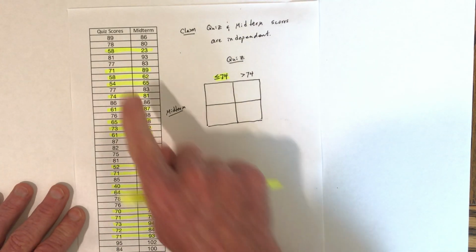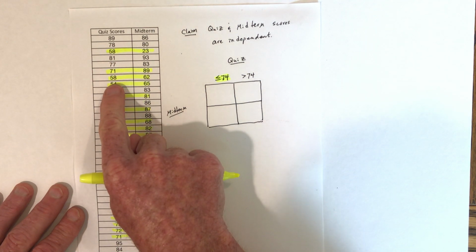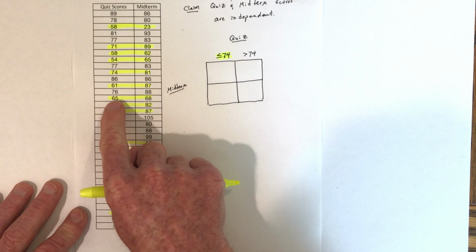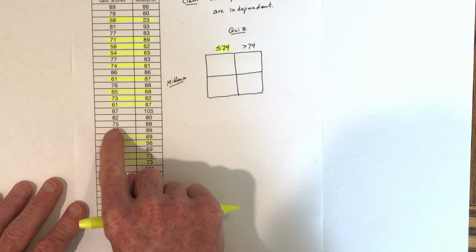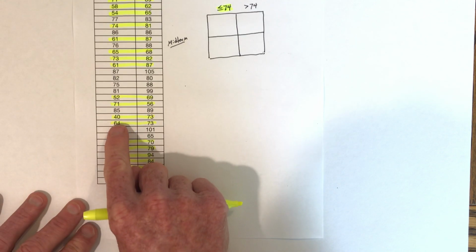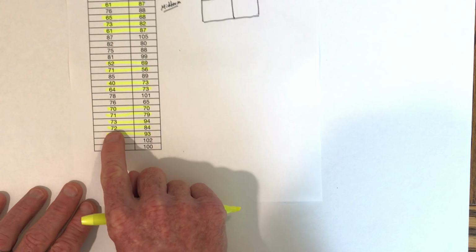All right, now I just want to double check. Less than or equal to 74, yes. Yes, yes, yes, because less than or equal. Yes, doing it right. Got it, yes.